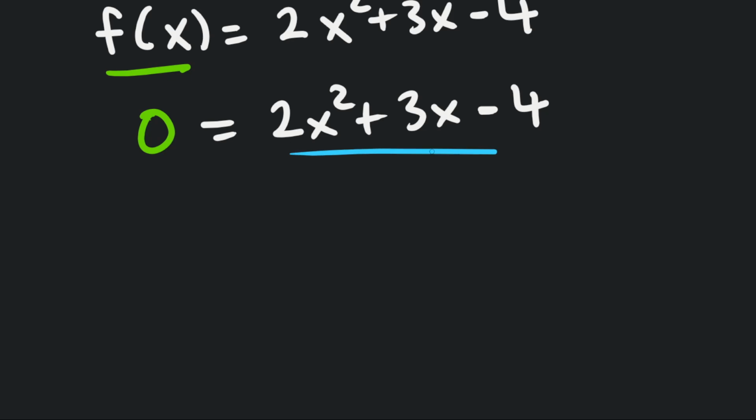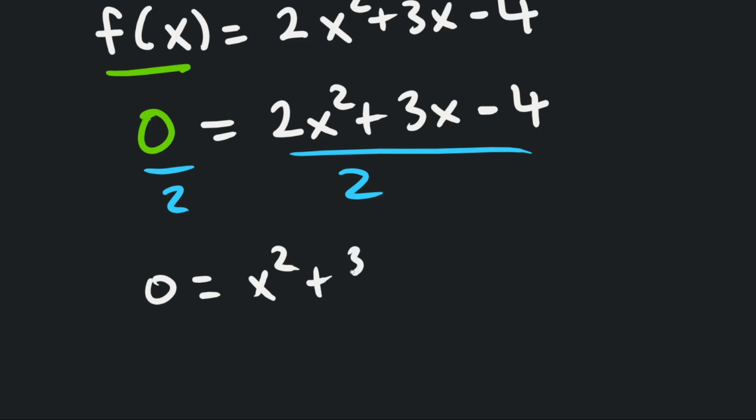So to do that, we'll divide both sides by 2, our a term. So 0 divided by 2 is 0 on the left side. And then this is x squared plus 3 over 2 x minus 4 over 2, which is 2, so minus 2. And then we'll move 2 to the other side, plus 2 and plus 2.